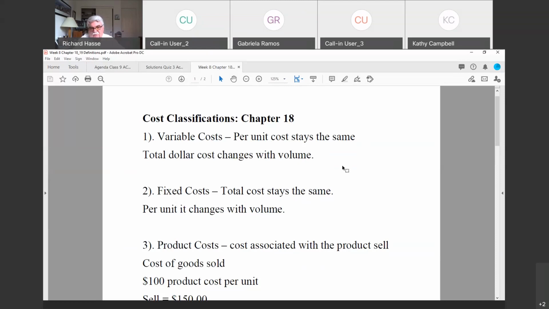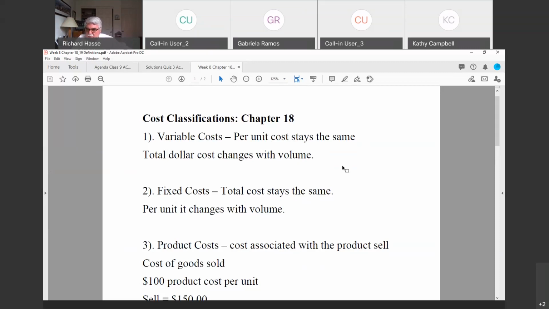It's called manufacturing costs. And the two main types of costs we've been talking about are variable and fixed costs. We're going to be seeing these variable and fixed costs in chapter 21 to determine the break-even point. A variable cost per unit stays the same, but in total dollars, it always changes with volume. In other words, if I have a variable cost of $10 and I produce 10 units, my total cost is $100.